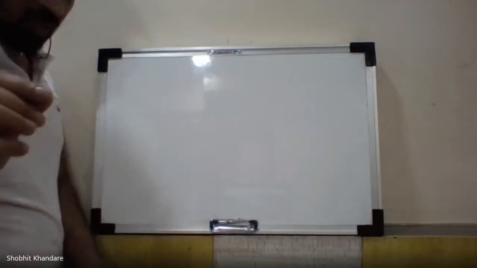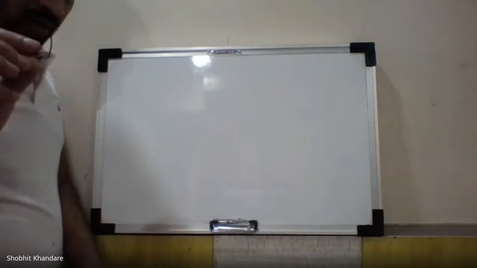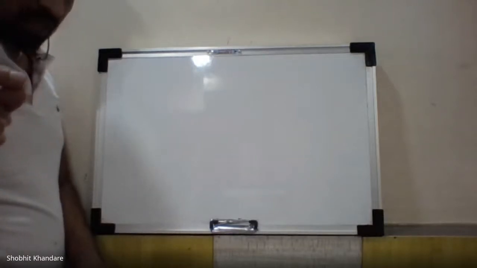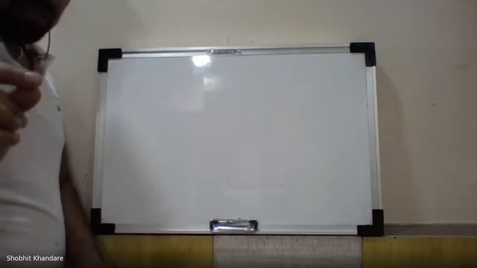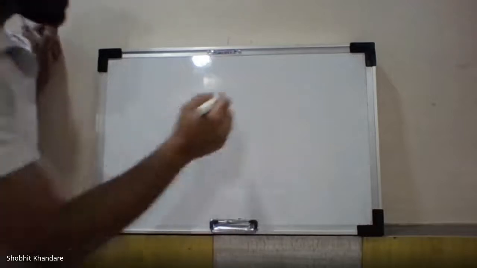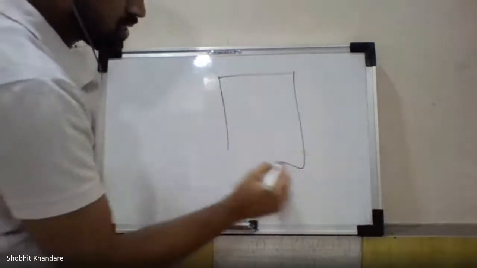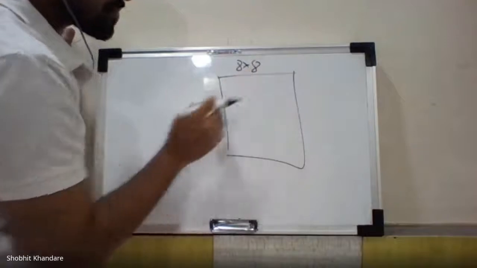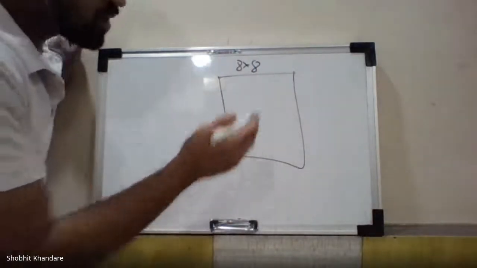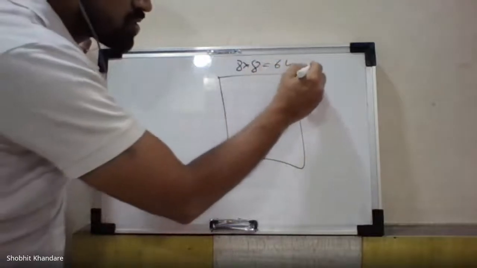Now, when I am using the DCT, what are these 64 coefficient values? I have told you that this is my 8 by 8 block. So an 8 by 8 block means you have 64 coefficients.